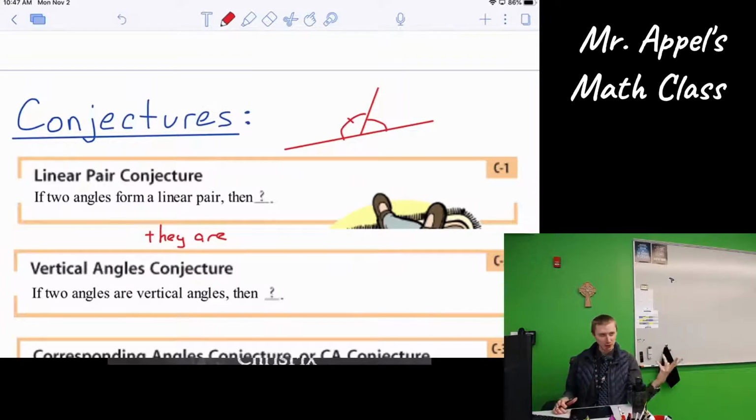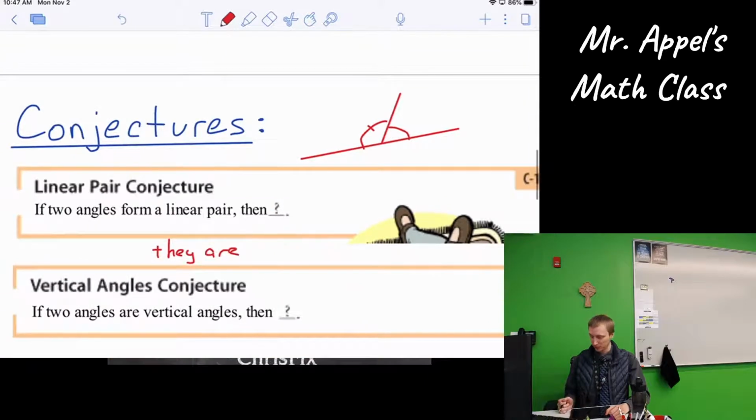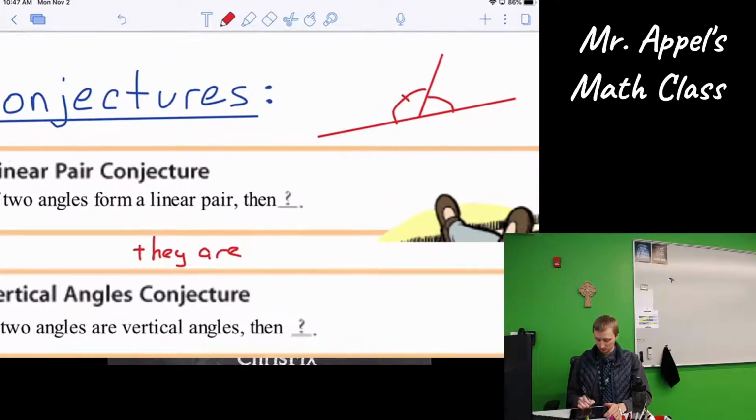Looking for a term that relates their measurements. It's not congruent. Look at my picture there. That's a linear pair. Those two are definitely not congruent. But they will add up to something, and we have a word for that. It starts with S.